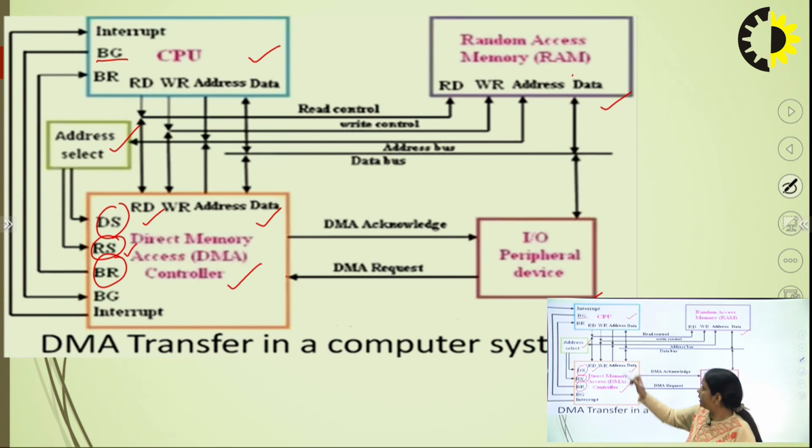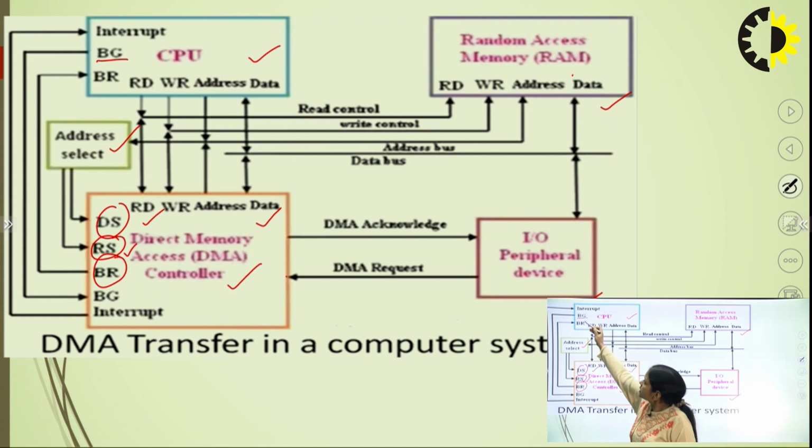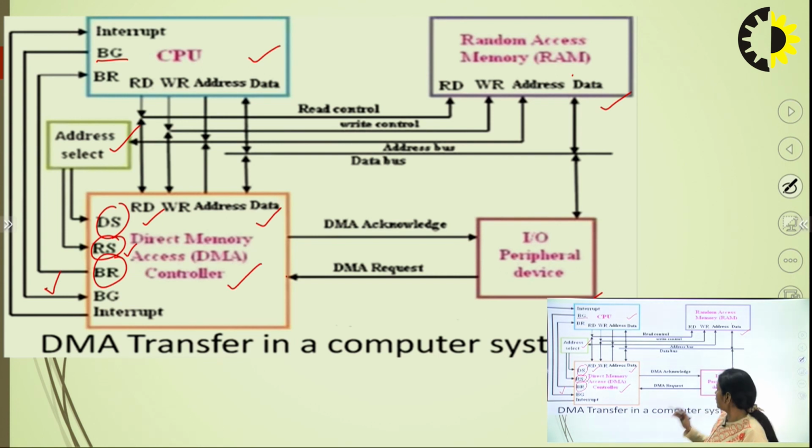When the DMA controller gets the information, then the CPU will send the bus grant signal to the DMA controller. When the bus grant signal is activated, or the value of the bus grant signal is equal to 1, it means now the control of the buses will be transferred to the DMA controller.